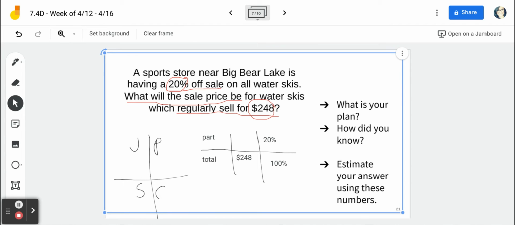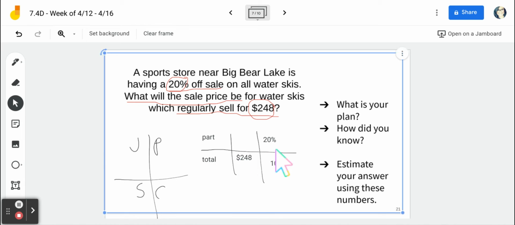This is why these problems are called multi-step problems, because sometimes we are going to have to solve for a value, and then we have to determine if that's the value they're asking for. They sometimes might ask, instead of asking what is the sale price, how much money will come off of the price. And so it just depends on what they're asking for as to what value you need to take at the end and say, this is really my answer to the question.